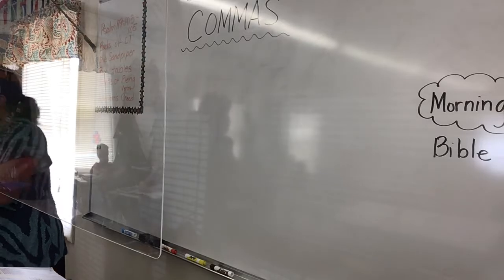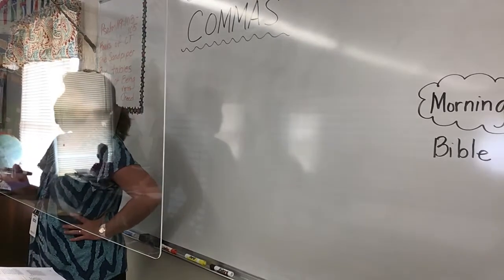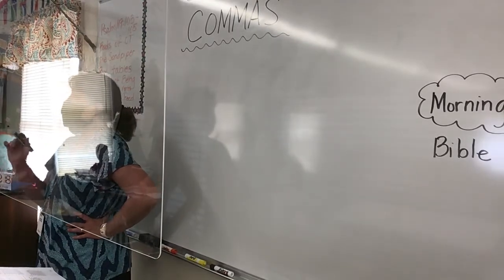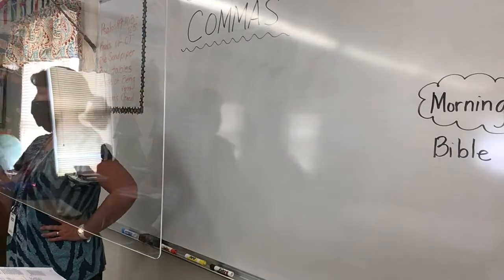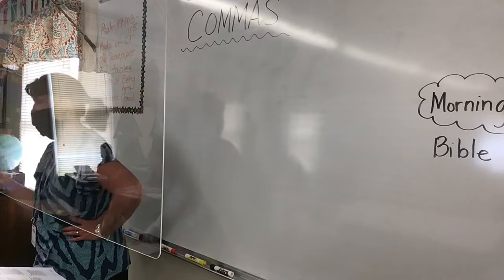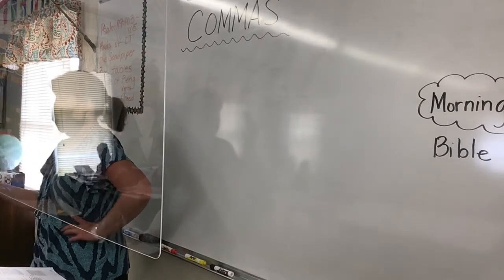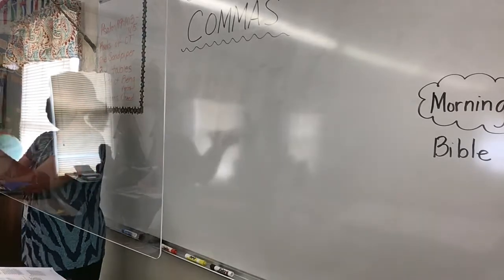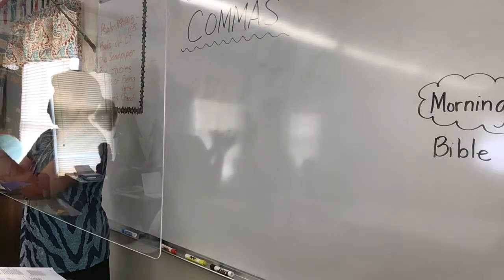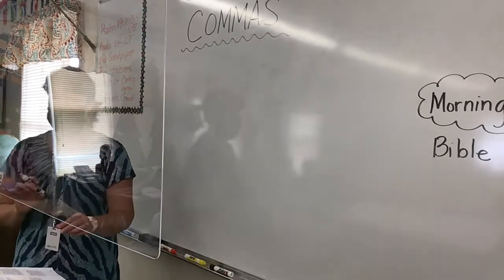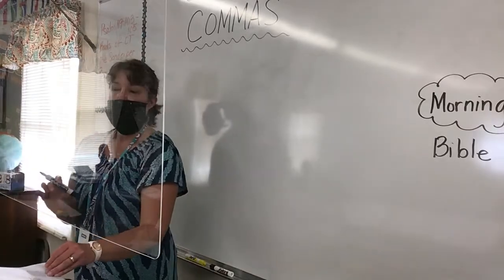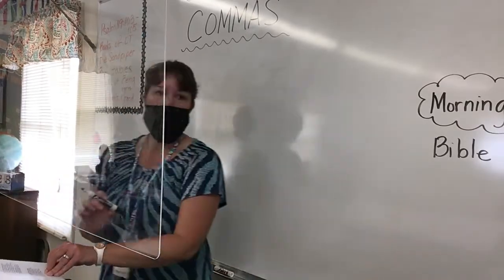You put it before the connection. Yes, that's a way we can put comma and or comma but. If we're putting two sentences together and making one good sentence, we would put a comma and then the conjunction.